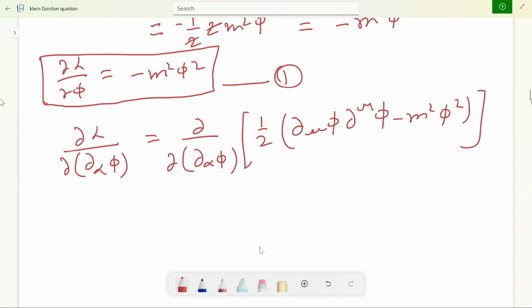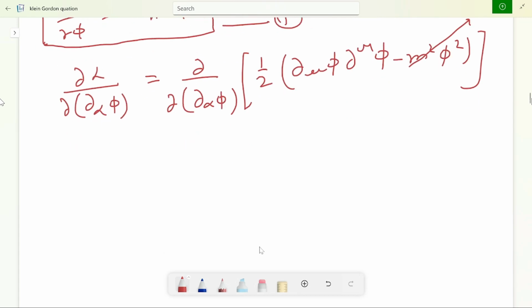Notice we are taking the derivative with respect to the derivative of the field, and therefore the mass term is going to be 0, right? This is going to act as a constant. So our equation is simplified a bit. This is now d by d d alpha phi of d mu phi d mu phi.